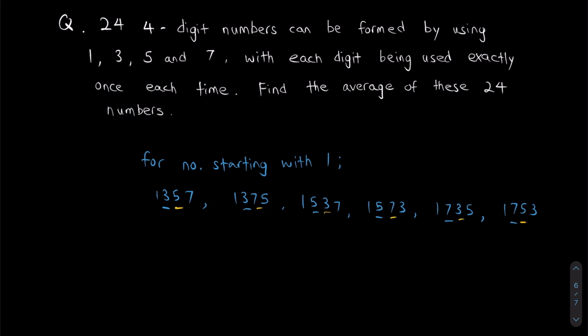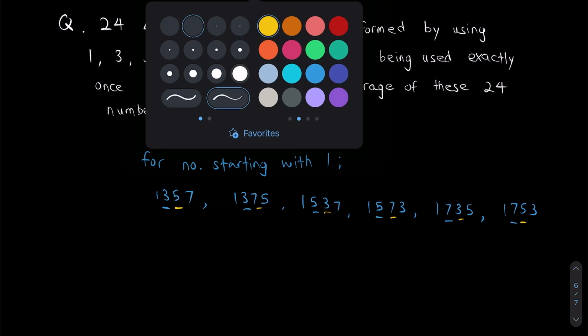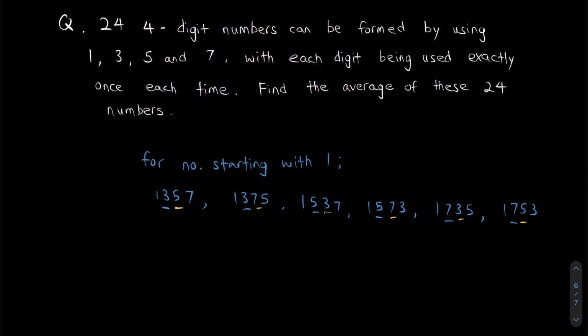Once again, if you look closely, you notice that the numbers 3, 5, and 7 appear the same number of times. Finally, let's look at the ones position. Once again, we notice that the numbers 3, 5, and 7 appear the same number of times.